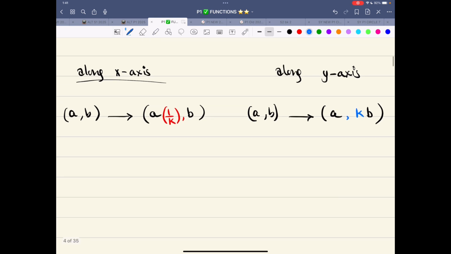So now over here, let's focus on one word, and that word is multiplication. So now the rule is whatever is the multiplication factor, I'll call that the stretch factor.